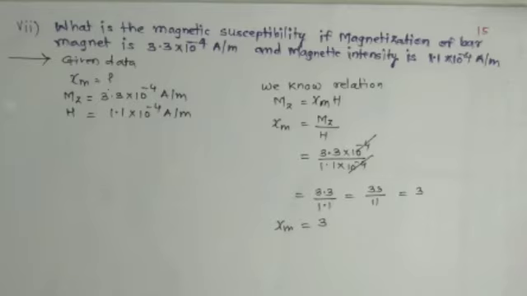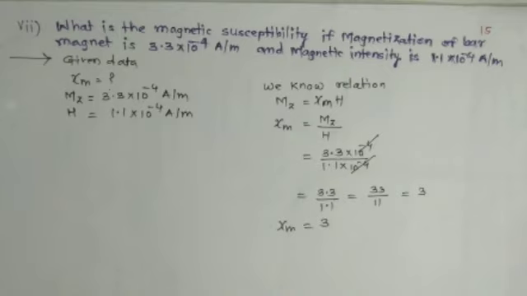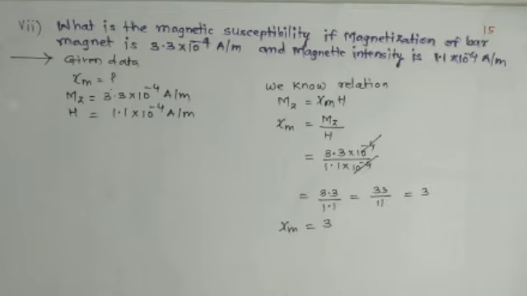Question number 7, also numerical based. What is the magnetic susceptibility if the magnetization of a bar magnet is 3.3 into 10 raised to minus 4 ampere per meter and the magnetic intensity is 1.1 into 10 raised to minus 4 ampere per meter?